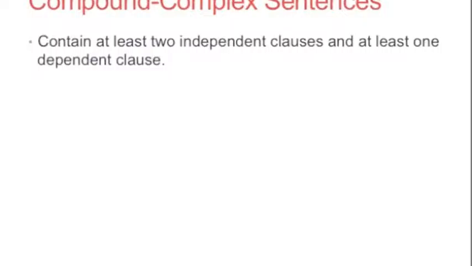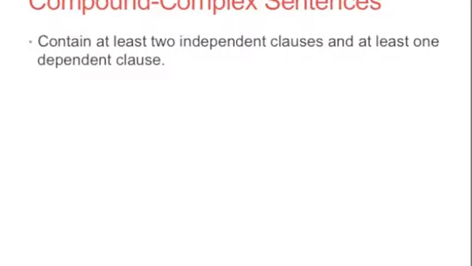Okay, so this is our final video lesson on sentences before we move into the video lessons on phrases. And if you look at the name of this sentence, you can probably infer what's involved, right? So in video lesson number 2, you learned what a compound sentence is.